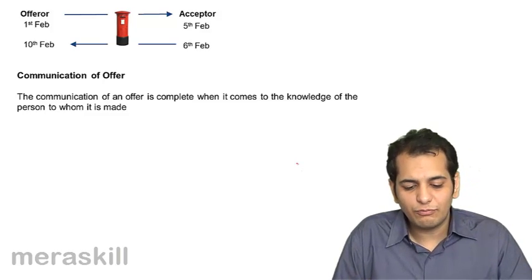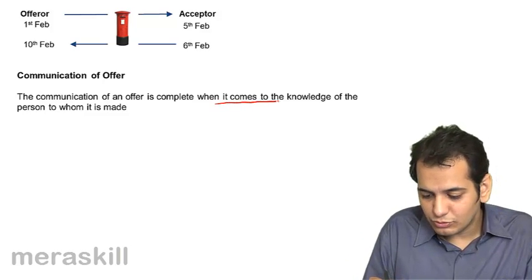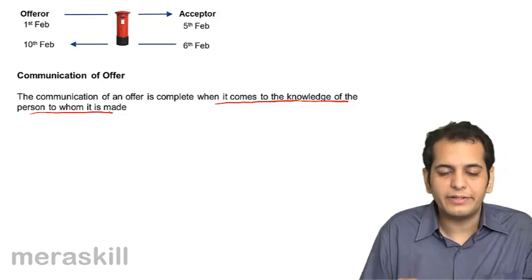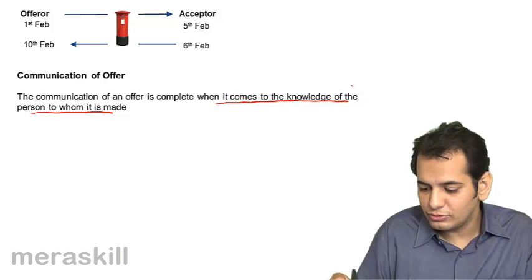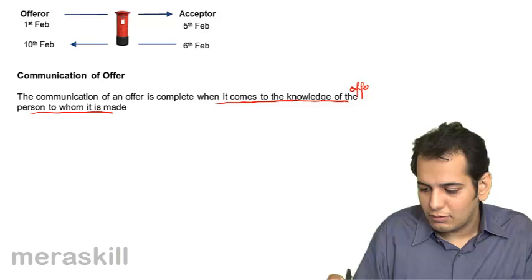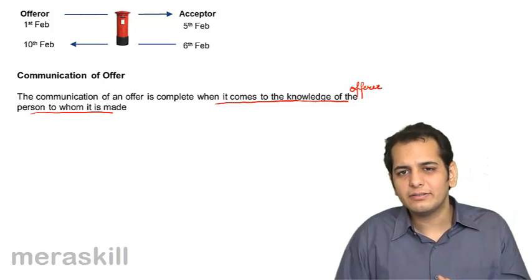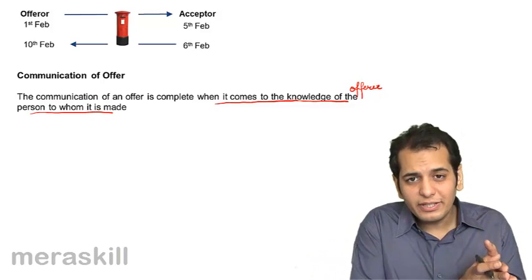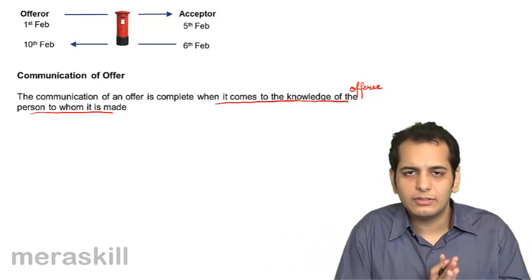The communication of offer is complete when it comes to the knowledge of the person to whom it is made. That is, when it comes to the knowledge of the offeree. The person to whom it is made implies the offeree here. So, the communication of offer is complete when it comes to the knowledge of the offeree.